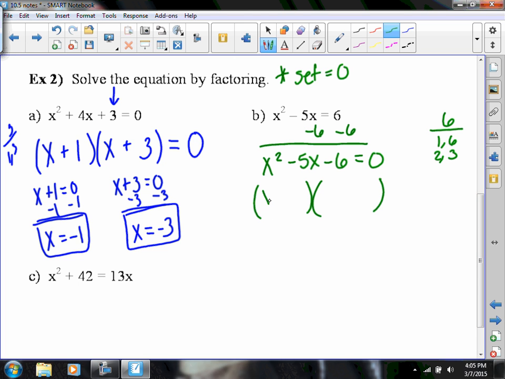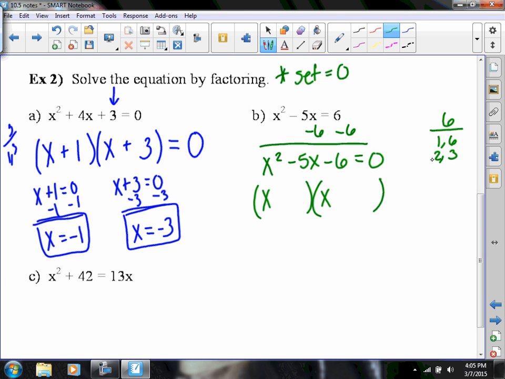Okay, so when I set up my parentheses, I'm going to need an x and an x. And now I got to think, okay, 1 and 6, they could get me to a negative 5 if I made the 6 negative. And then 1 times negative 6 would be a negative 6. 2 and 3, though, could also get me to a negative 5 if I made them both negative.